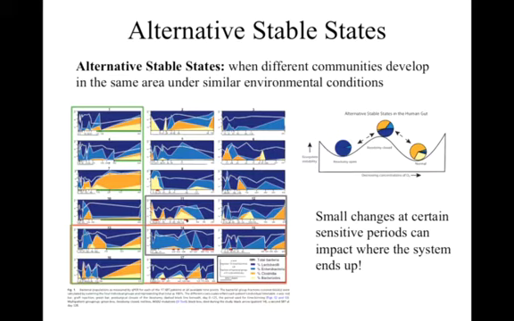If you had less oxygen, you ended up with that bad community where the ileostomy did not close, and unfortunately frequently the patients died. So again, these small changes at certain sensitive periods during the succession process can cause you to end up in one end state or the other. Sometimes that means we just get different forest types in one place versus the other. Sometimes in the case of humans, where the community is the microbes living in your stomach, it determines your survival or not.